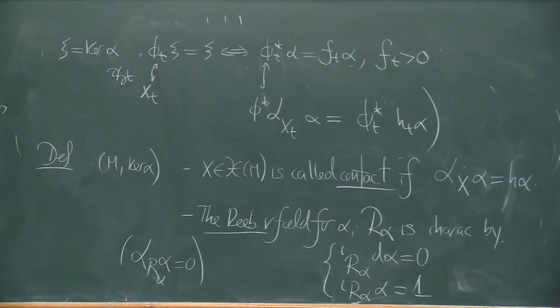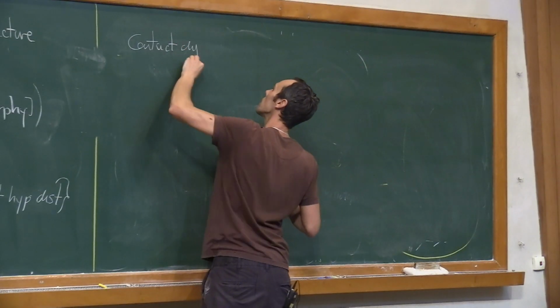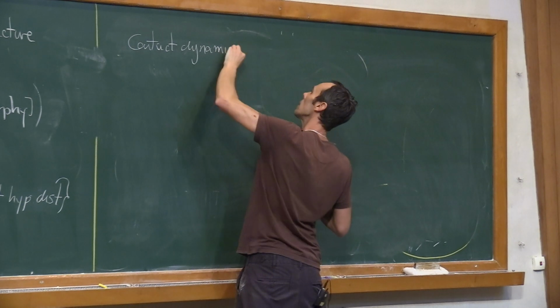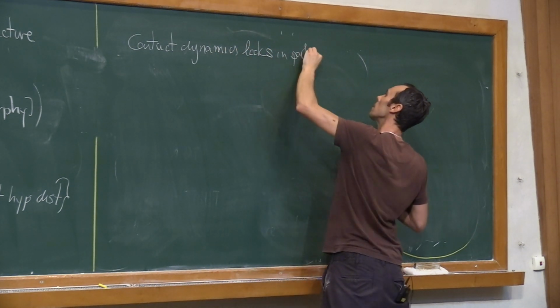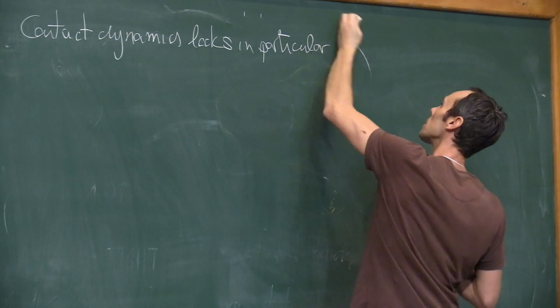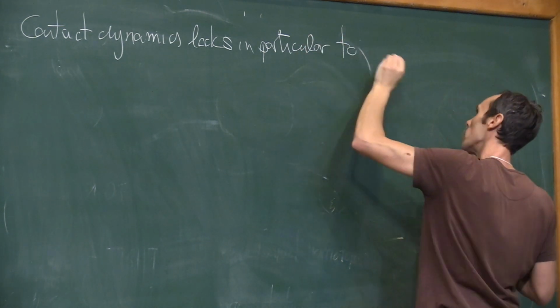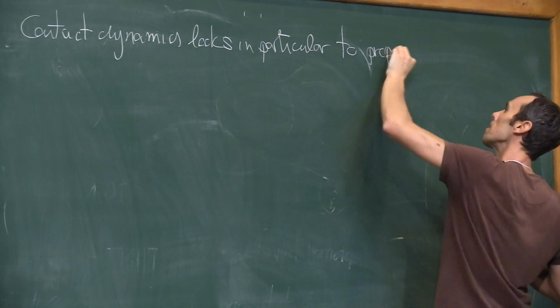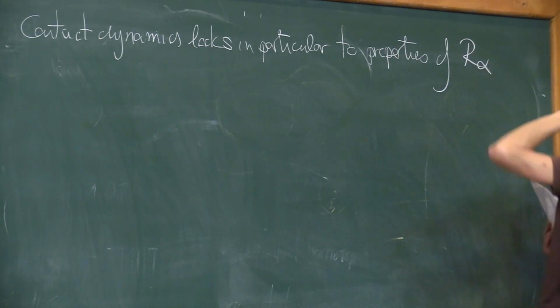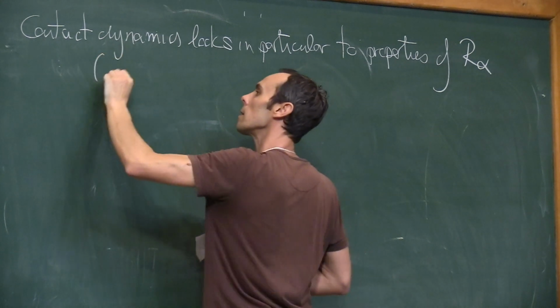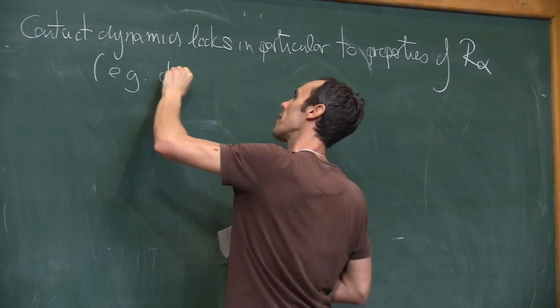So contact dynamics looks in particular at dynamical properties of Reeb vector fields, for example, closed trajectories.